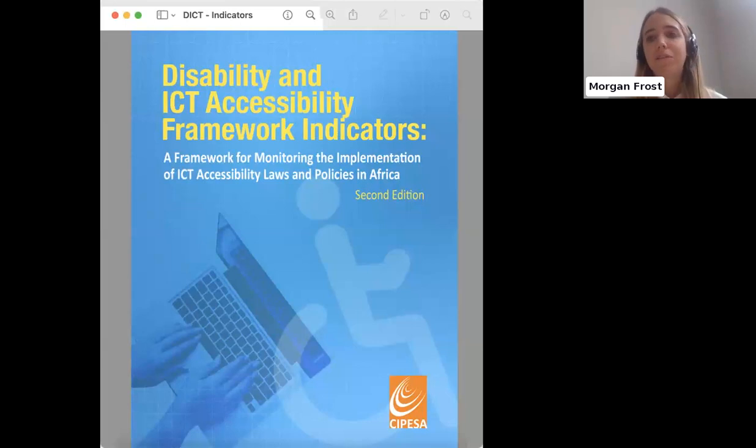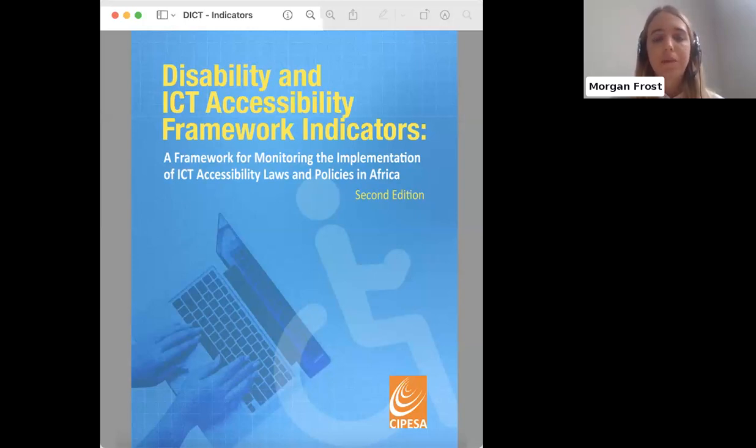From our perspective, ensuring that all segments of society have equal opportunities to participate socially, economically, and politically online is absolutely essential in protecting human rights in the digital age. And we're really looking forward to learning about how different researchers and organizations from across the continent will utilize this tool going forward.